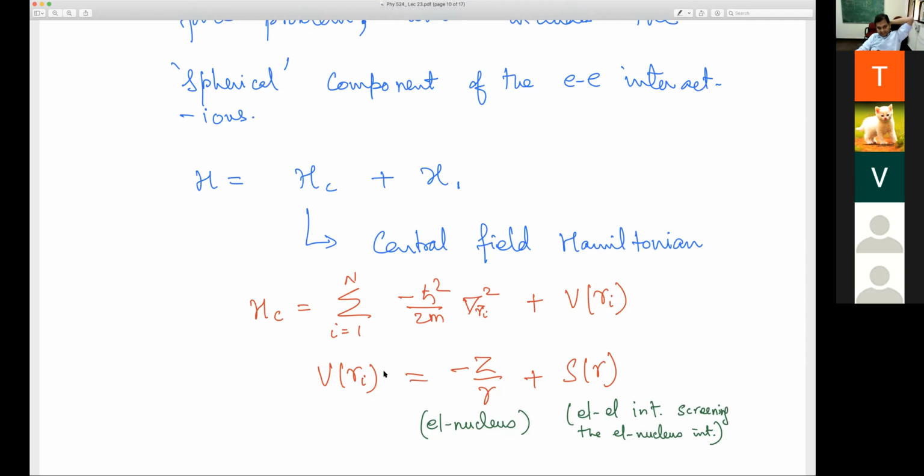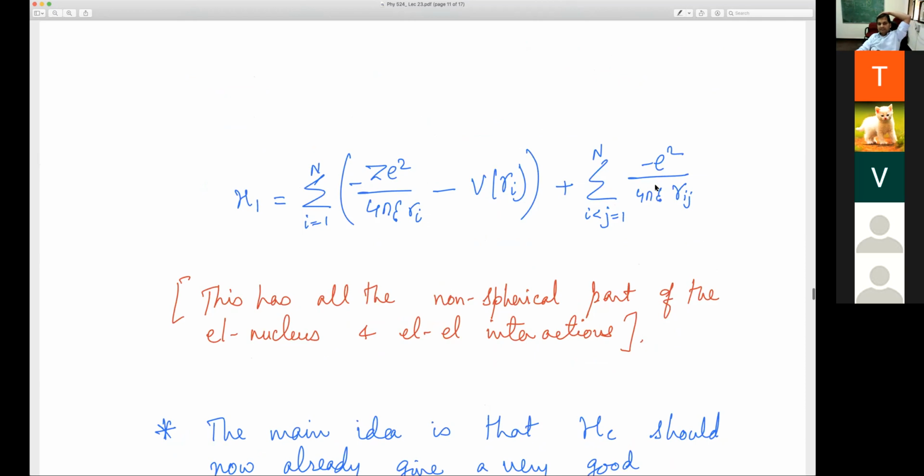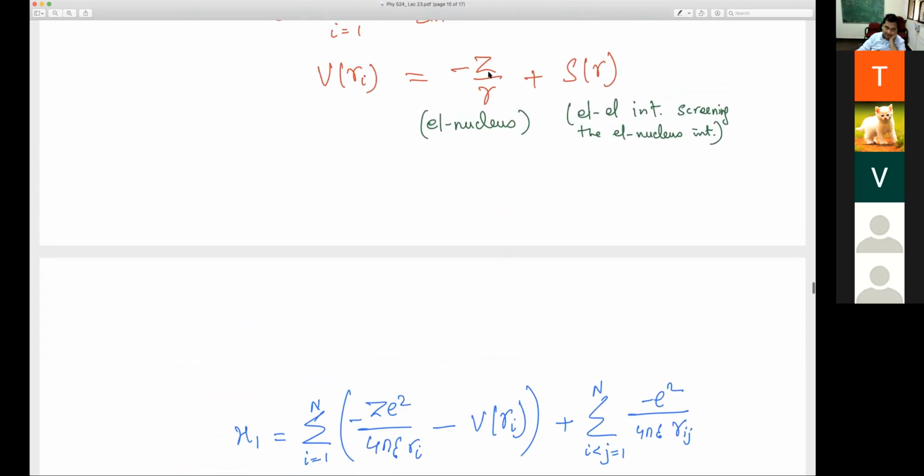And since I added this term to H_C, I need to subtract all the other terms from it, and that forms part of my H1. So H1 was basically minus Z e squared by 4 pi epsilon naught r_i minus V(r_i). If I include all the correct terms here, this V(r_i) term cancels out, and the first bracket leaves me with only a minus S(r).